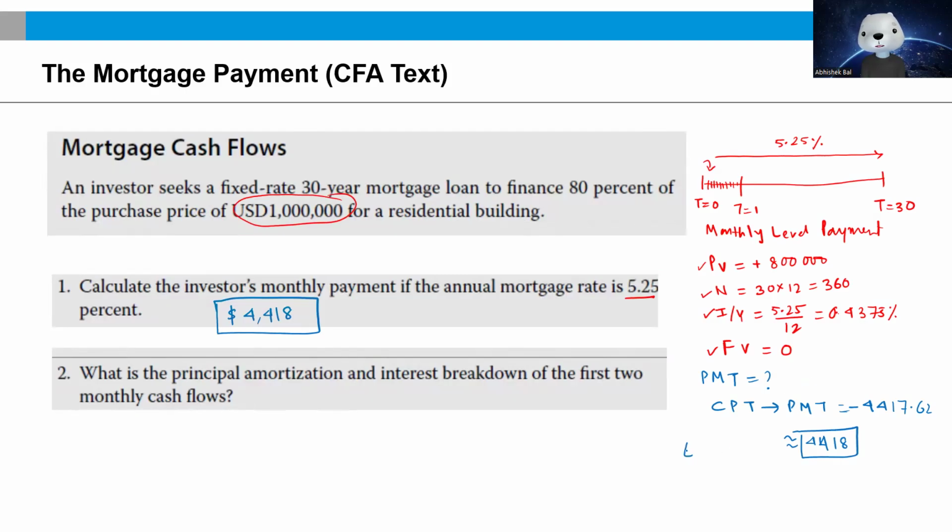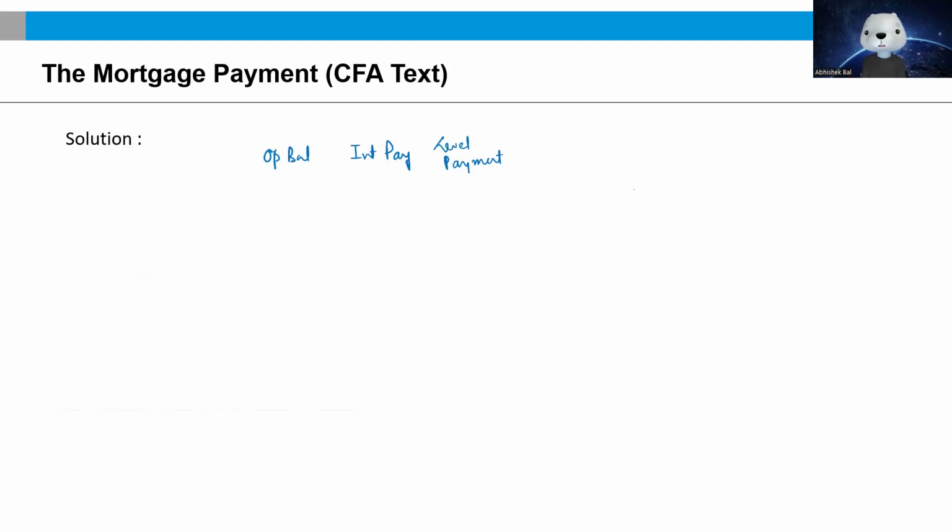Let's also call this level payment. You could also term this as EMI. At least in India, we call them the EMI, or the equated monthly installment. So this equated monthly installment or level payment, they're one and the same thing, will always have a couple of components. One is towards the interest and another is towards the principal payment.